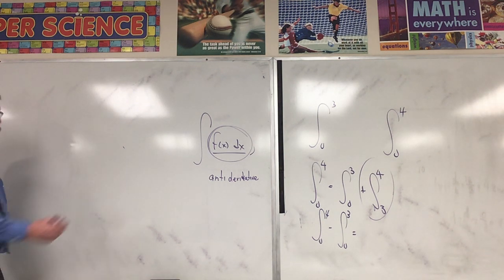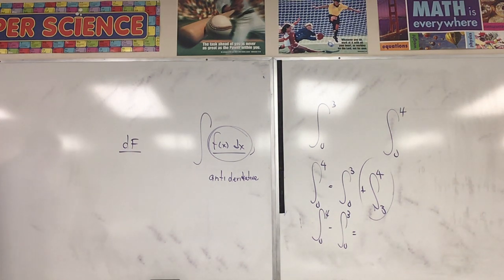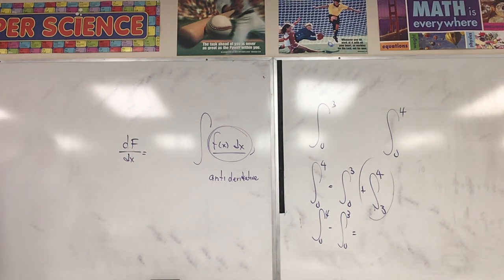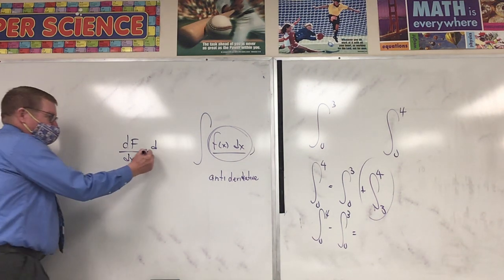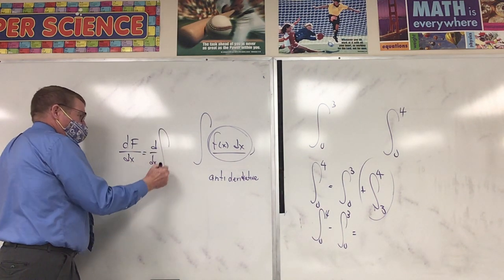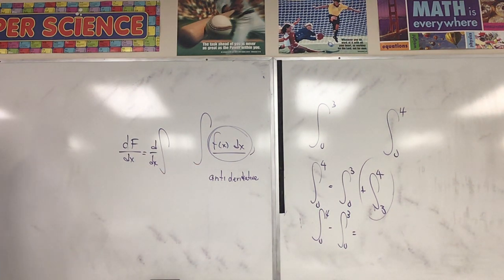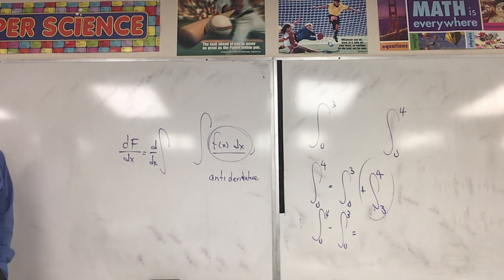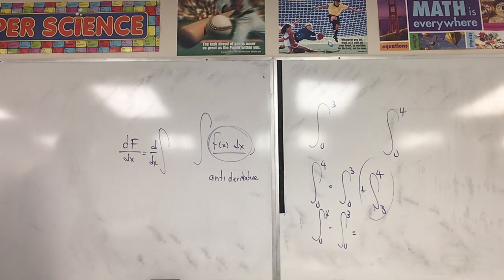So that's why they say that the derivative of the function is going to be the derivative of the integral. Because what's the integral? It's the antiderivative, the function. Correct? So when I take the derivative of the function, that's the same thing as taking the derivative of the integral. So that's what that theorem is stating.